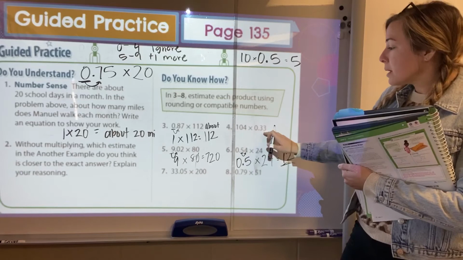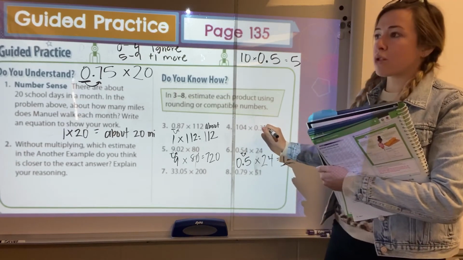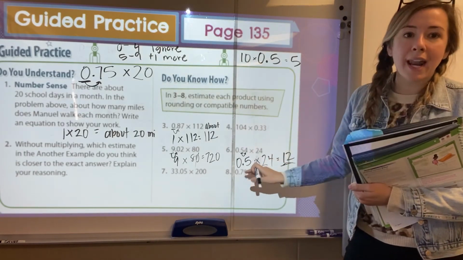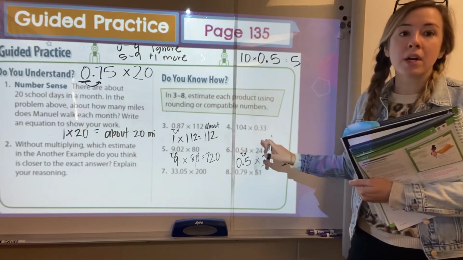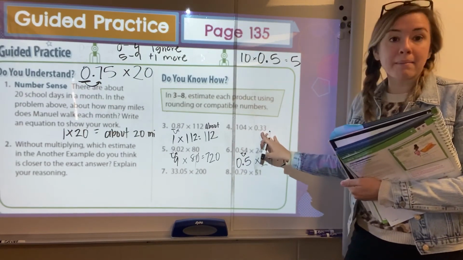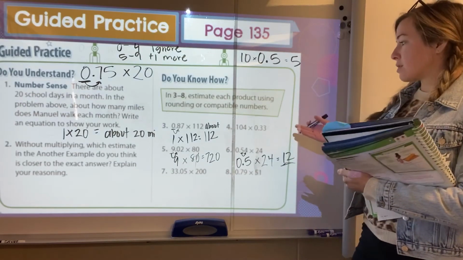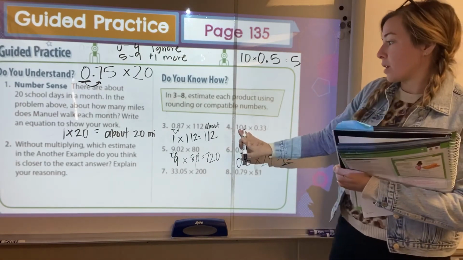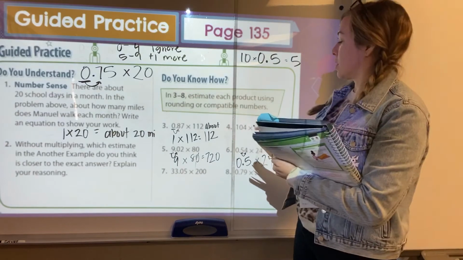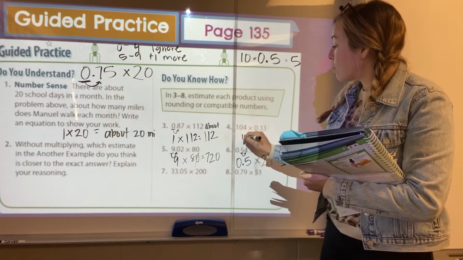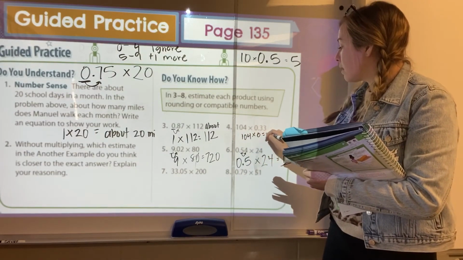So when you have a number like 3/10 or 33 hundredths, rounding to that half is going to get you a closer number than multiplying by 0 because any number times 0 is just 0. So while your answer might be smaller than what you're starting with here with the 104, I'm just going to go ahead and do it. If I did 104 times 0, I get 0.